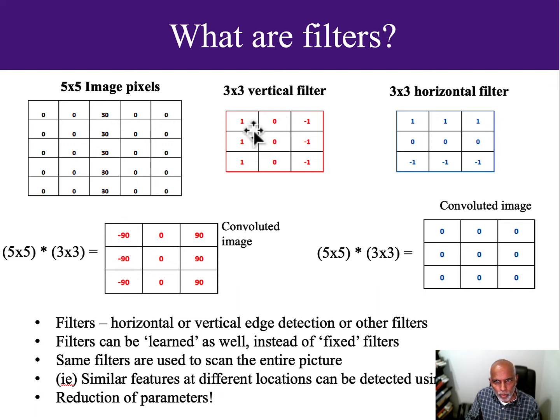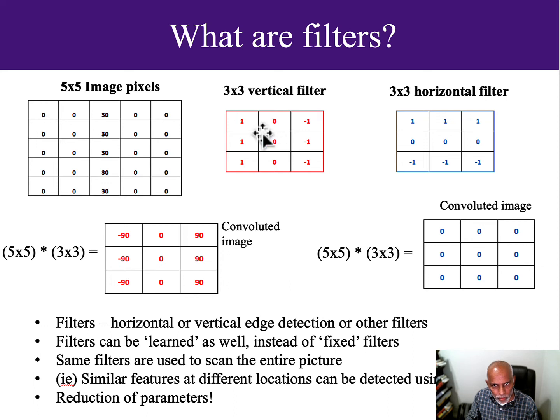Because you keep moving this way. First, this 3 by 3 is coming over this one. At that time, the inner product will become minus 90. Then you move to this one, it will become 0. When it moves and this comes to this place, that means 1, 1, 1, 1 will have an inner product value of 90.